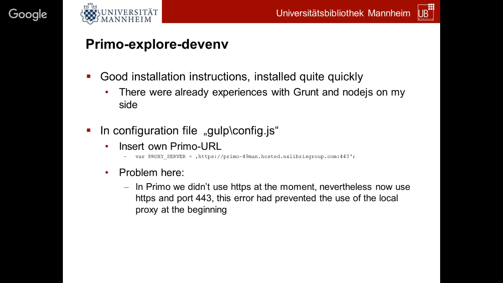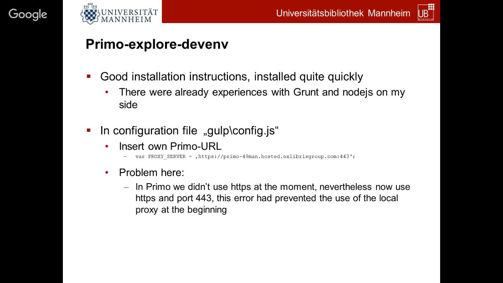So the first thing I started with was the Primo Explorer development environment. It had a good installation and was installed very quickly. There was already some experience with Grunt and Node.js on my side, so it's not really a problem. In the configuration file, I have to put in our proxy server.